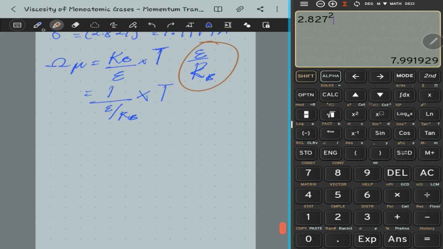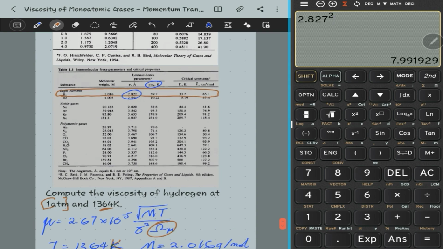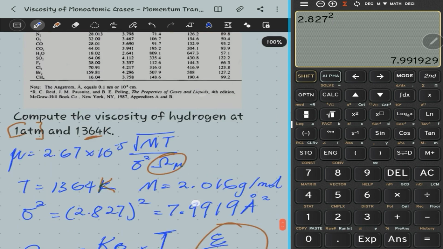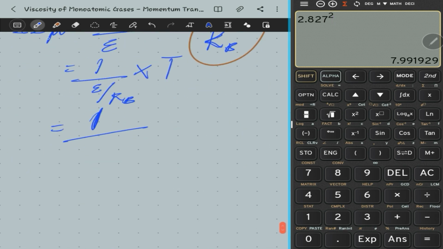So moving on, this is what we do. The value for this from the table is what we're going to check now. What did we get? We have 59.7 for hydrogen. So that will be 1 over 59.7.